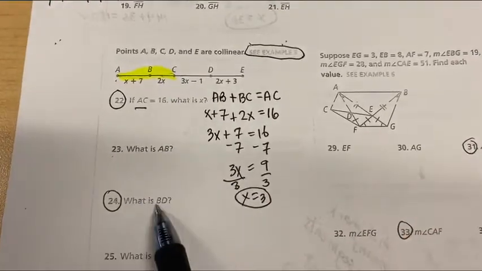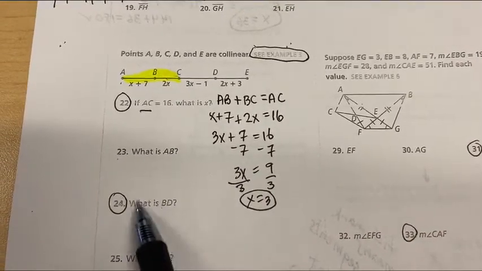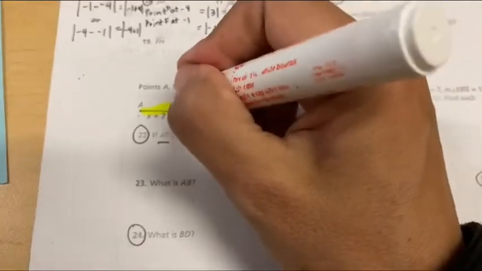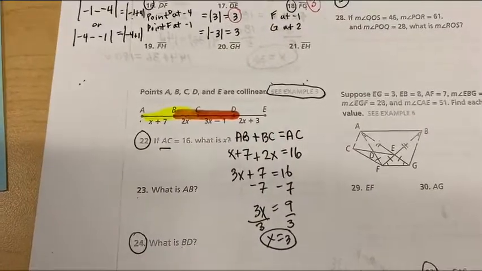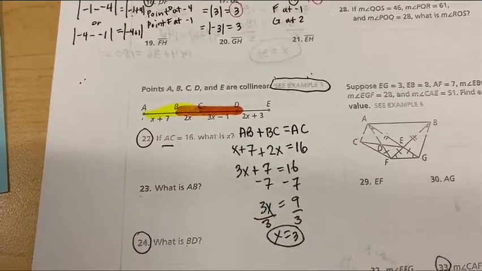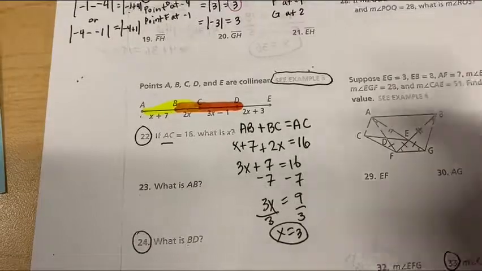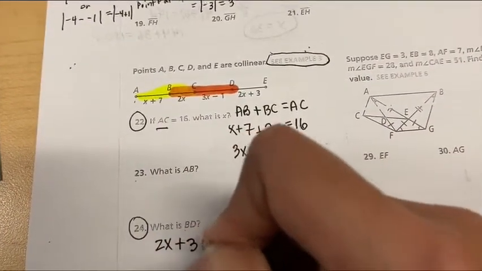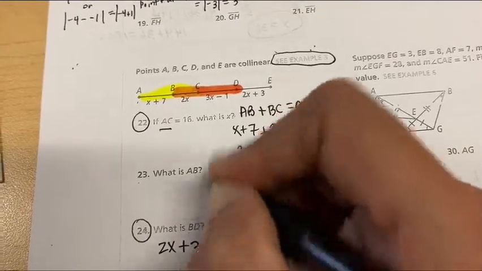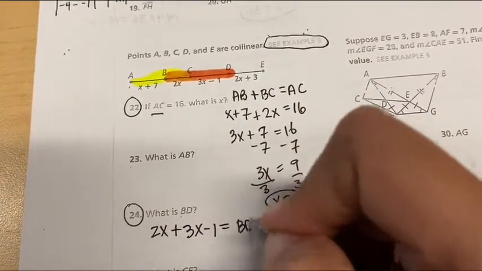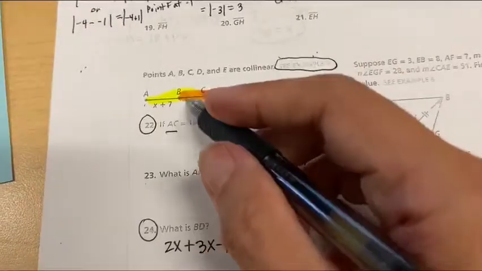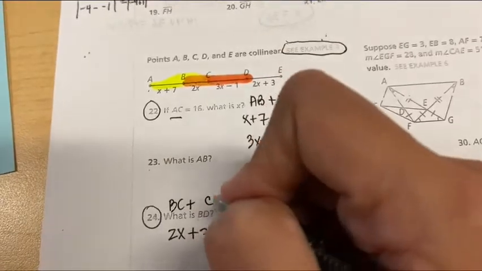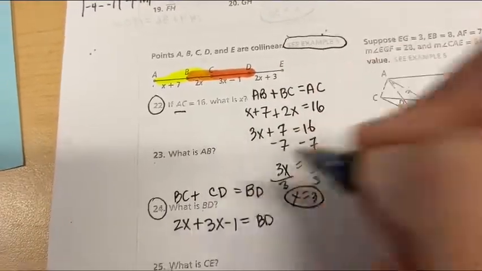Now let's use this information for 24. It said BD. What is that? That's this section, very similar to the last question. These 2 segments added together: the first segment is 2x, the second segment is 3x minus 1, and the whole thing equals BD, but we don't know what that is. That's what we're solving for. It feels like we can't answer this, but the first segment, BC, and the second segment, CD, should add up to the whole thing, BD.